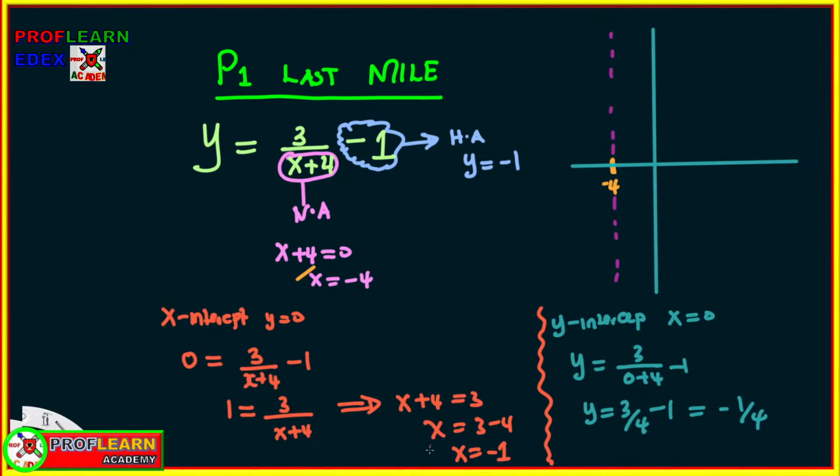Then we identify the horizontal asymptote. We have said the horizontal asymptote is y is equals to minus 1. So if minus 1 is here, you can say minus 1 there. Yeah, so the graph will beautifully continue like that.